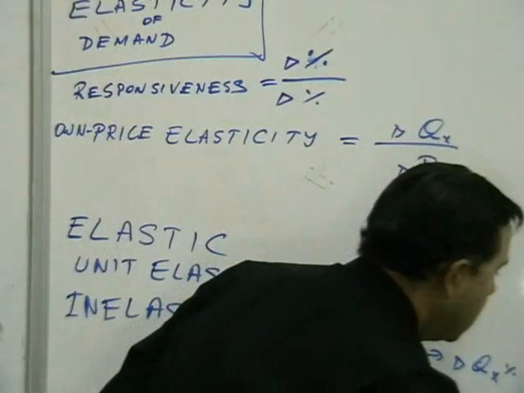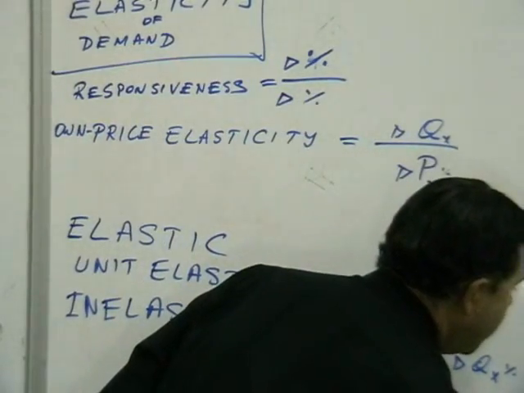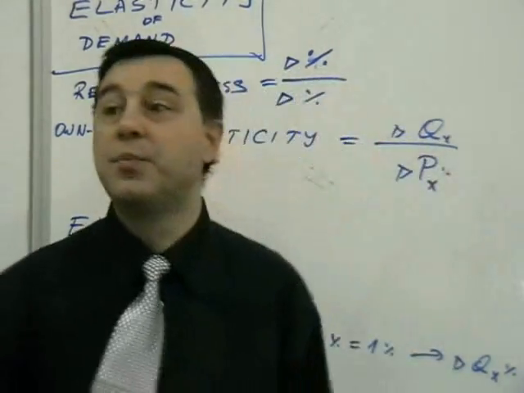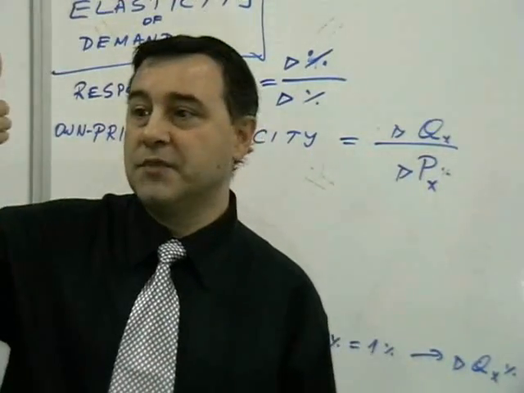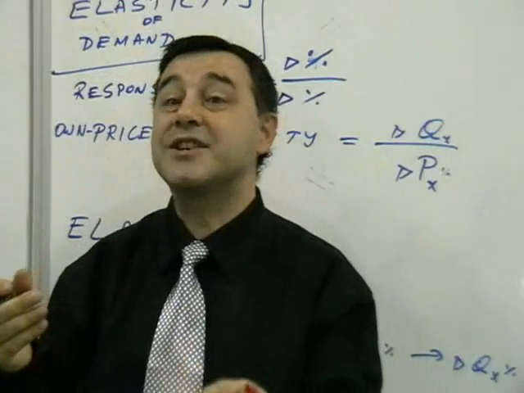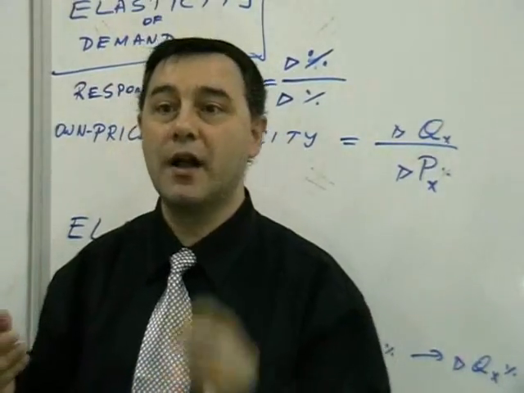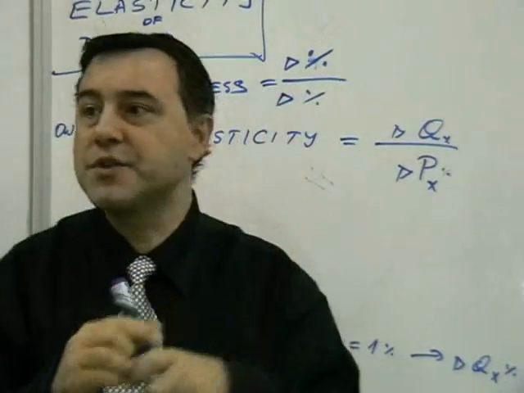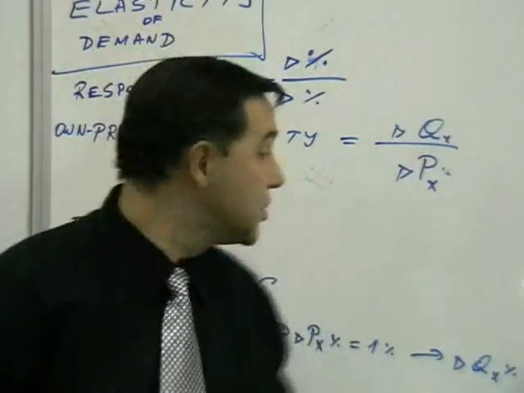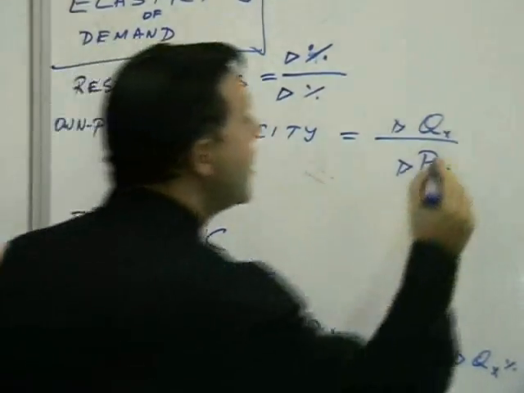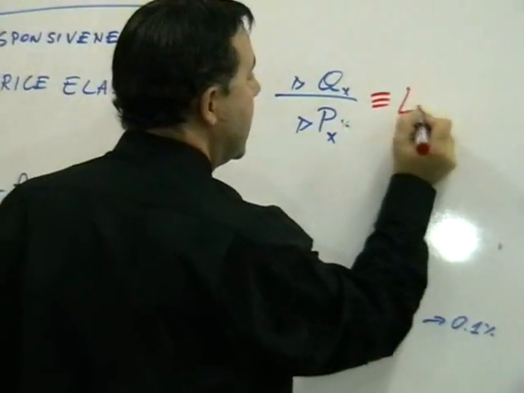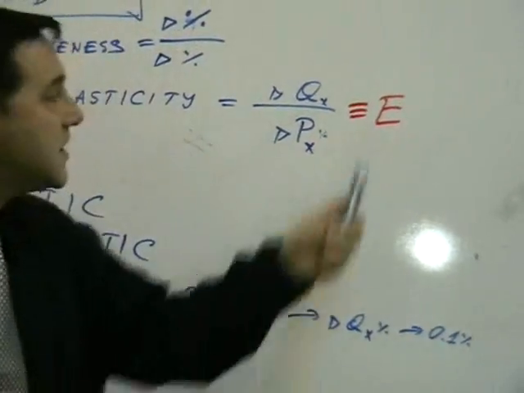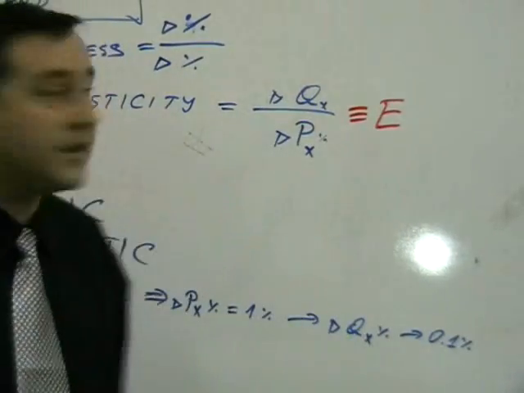Let's just say 0.1%. In other words, you raise the price, but the quantity does not respond well. Why the quantity doesn't respond well, we'll discuss soon. In other words, if we define this as elasticity, is this how they use E in the textbook, right?